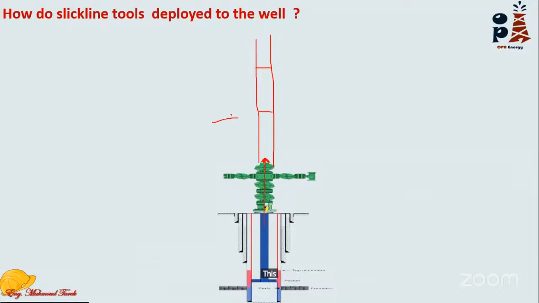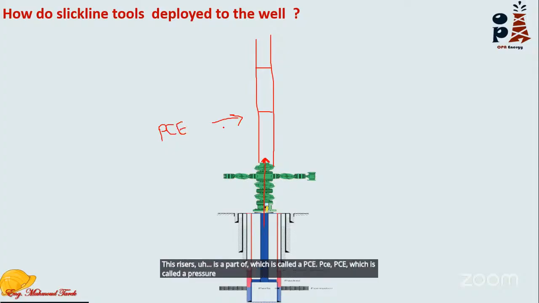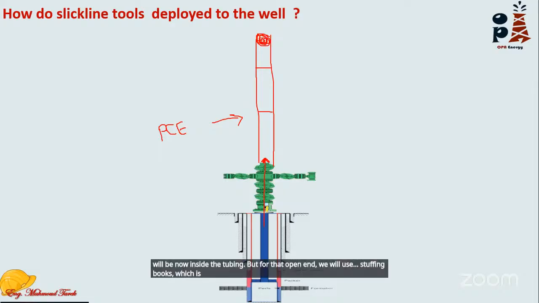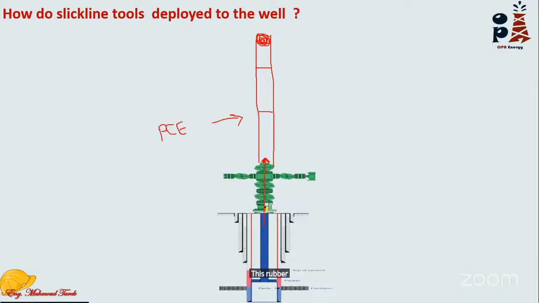These risers are a part of what is called the PCE, the pressure control equipment, to contain the pressure that will now be inside that tubing. But for that open end, we will use a stuffing box, which is a rubber element. This rubber element will close the open end of the risers.